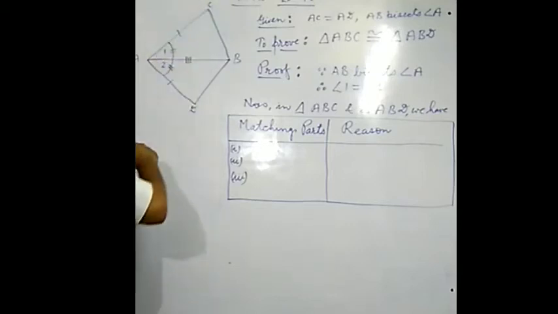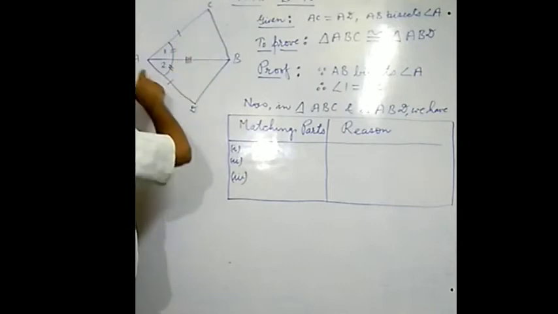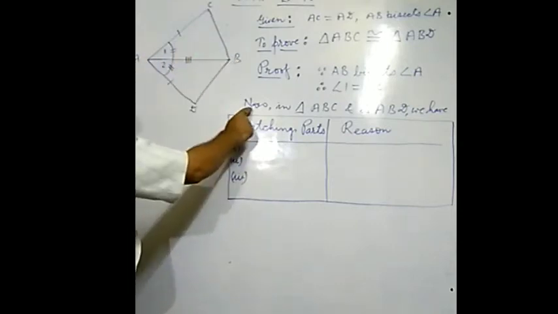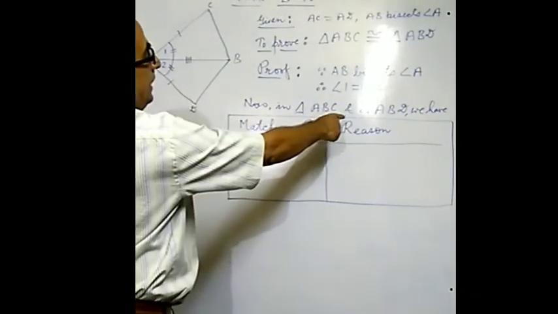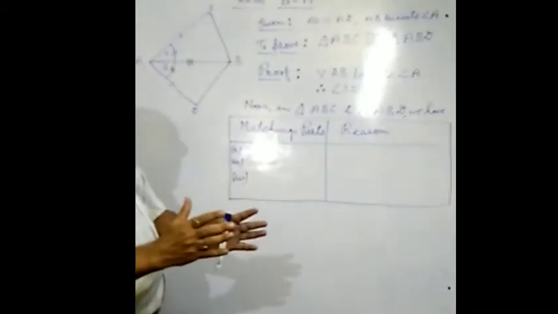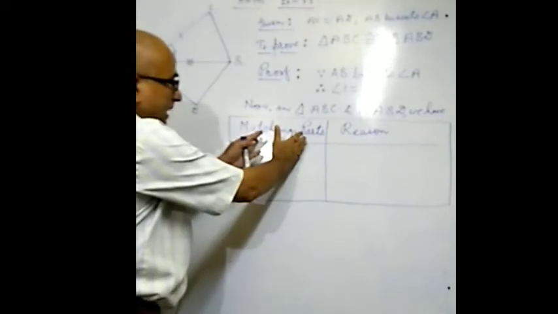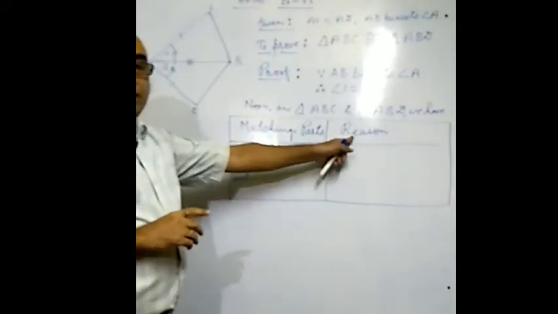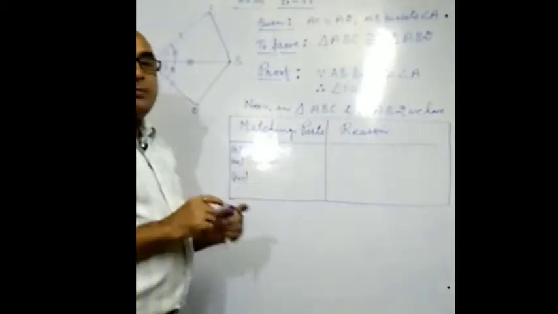Now we have to take upper triangle and lower triangle. What is the name of upper triangle? Triangle ABC and triangle ABD. Now in triangle ABC and triangle ABD we have 2 columns. First one is matching part, and how many matching parts? 3 matching parts. And the reason for each matching part must be noted down.